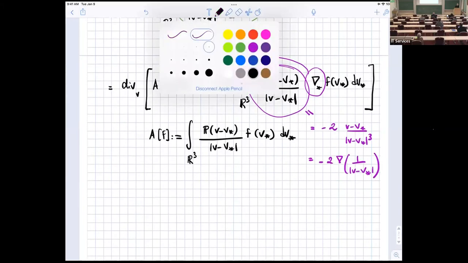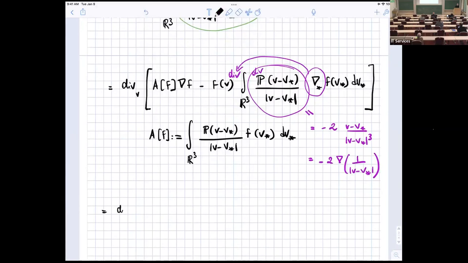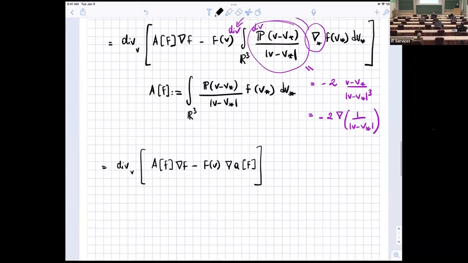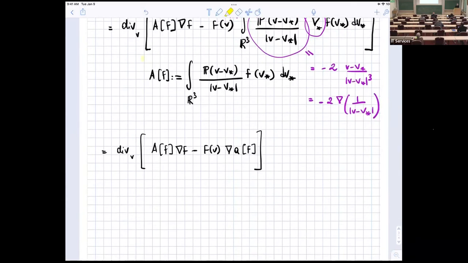So if I do this, then I can bring the gradient again, and you believe me if I write this in compact form: minus f of v, the gradient of little a of f, where capital A is defined here, and small a is negative 2 times the integral of f of v star over |v minus v star|.